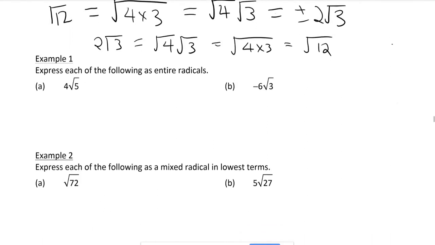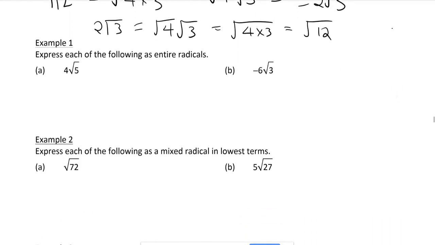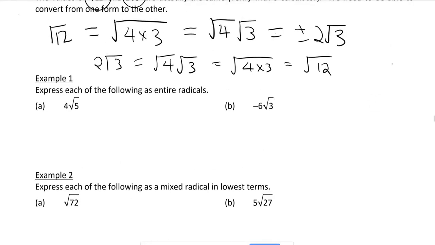So let's go to the next one and try to express each of the following as entire radicals. Notice that in both of these questions, you're starting from a mixed radical. So from a mixed radical, how do you go to an entire radical? We can just go back to the previous example.